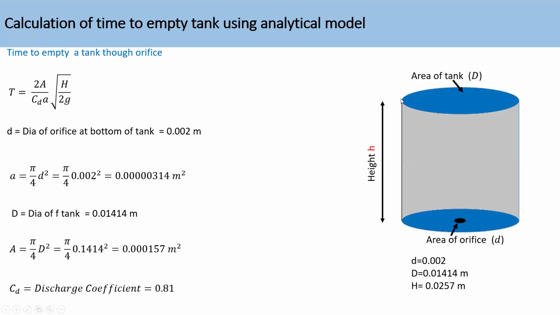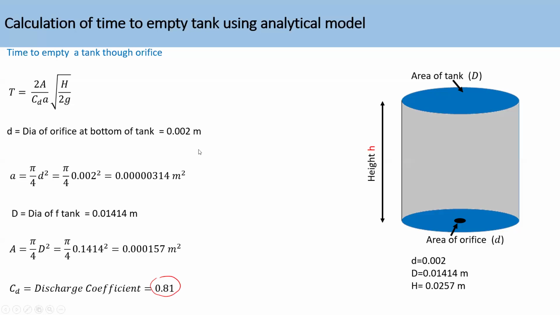The capital A is the cross-section area of the tank based on the tank diameter, D. The small a is the area of the orifice, and CD is the discharge coefficient. This we also took from the book, and its value for an orifice is given as 0.81.